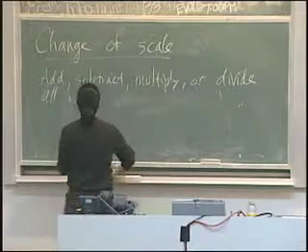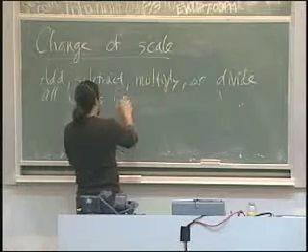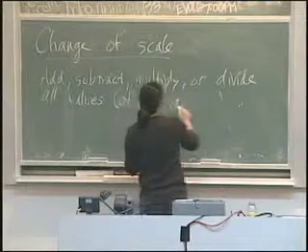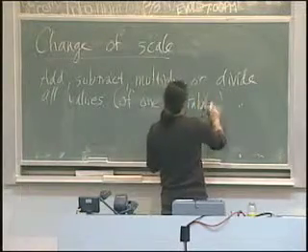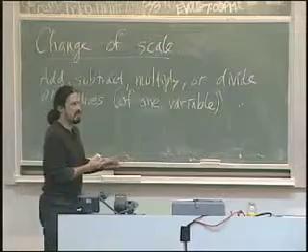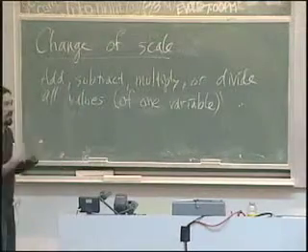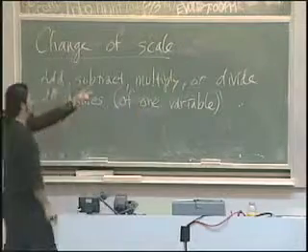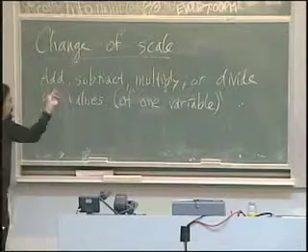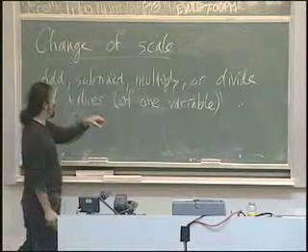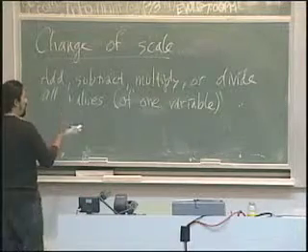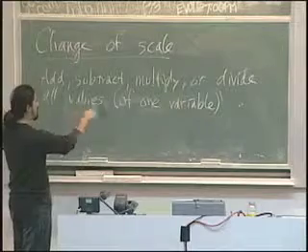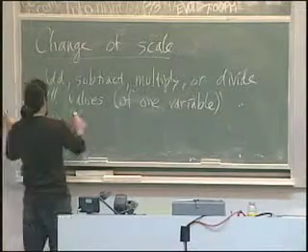Okay. All values, and I just want to say parenthetically, of one variable. If I'm talking about average, median, standard deviation, there's only one variable there. But if I'm talking about two variables, I want to say specifically I'm talking about doing one of these operations to all values of one variable. Or divide all values of one variable by a constant.